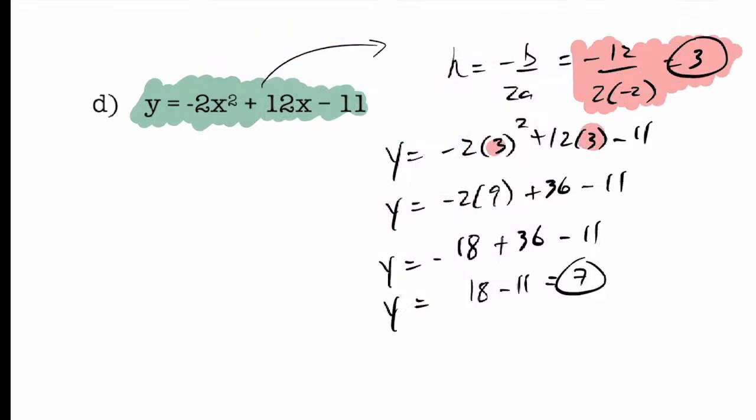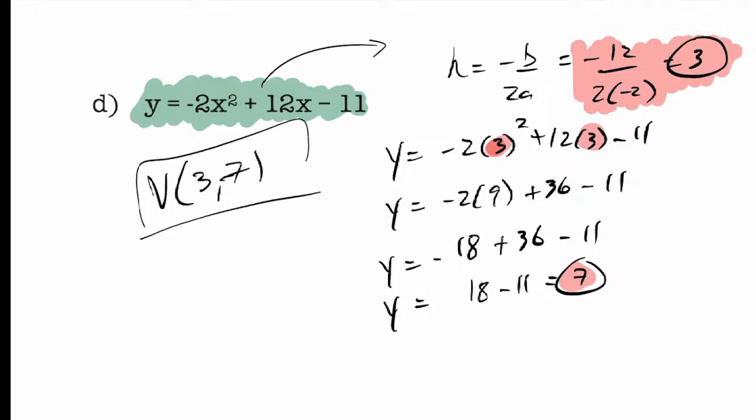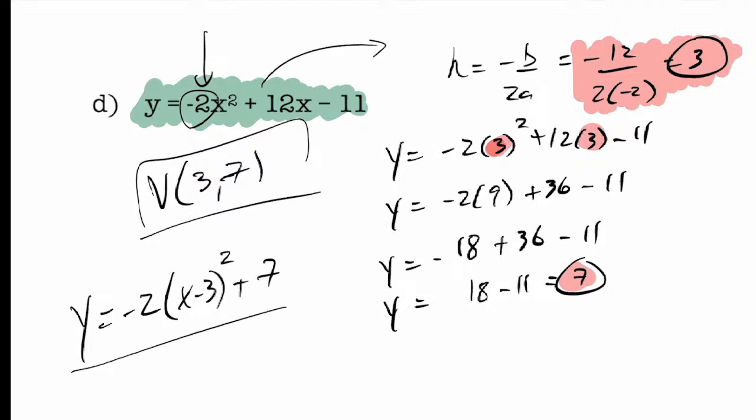I then subbed it into my quadratic to find the y, which is 7. So I know this quadratic has a vertex of (3, 7), and the a value is minus 2. So y equals negative 2 times (x minus 3) squared plus 7, because it's the same a value.